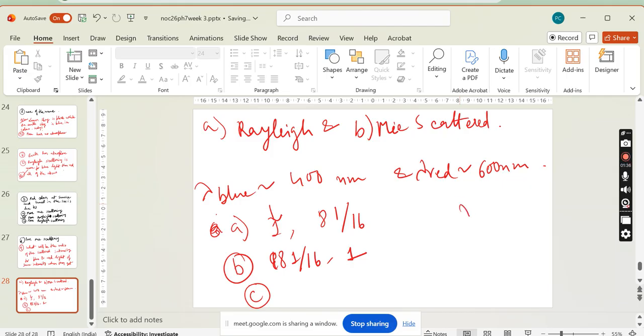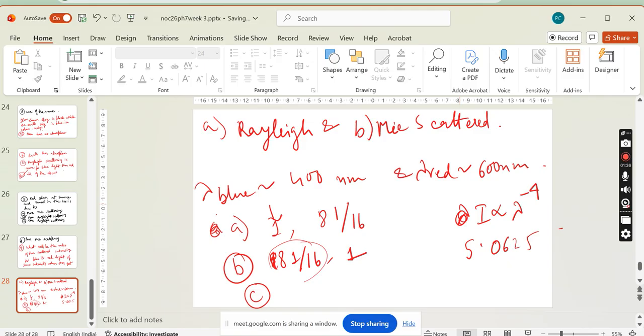So we know for Rayleigh scattering, I is proportional to lambda to the power minus 4, and I have this calculation. Between the blue and red light, the scattering intensity ratio is 5.0625, so this is the value 81 by 16. And Mie scattering doesn't differentiate between blue and red.